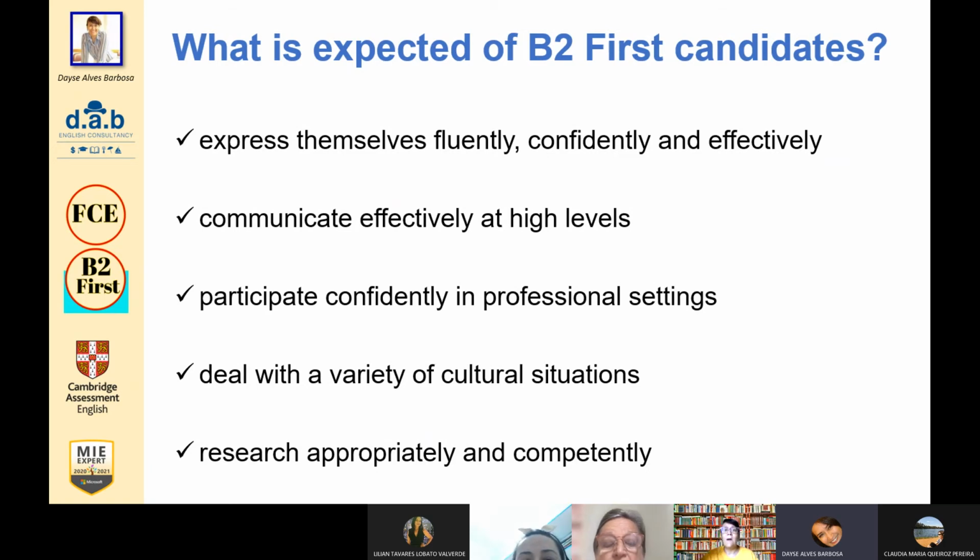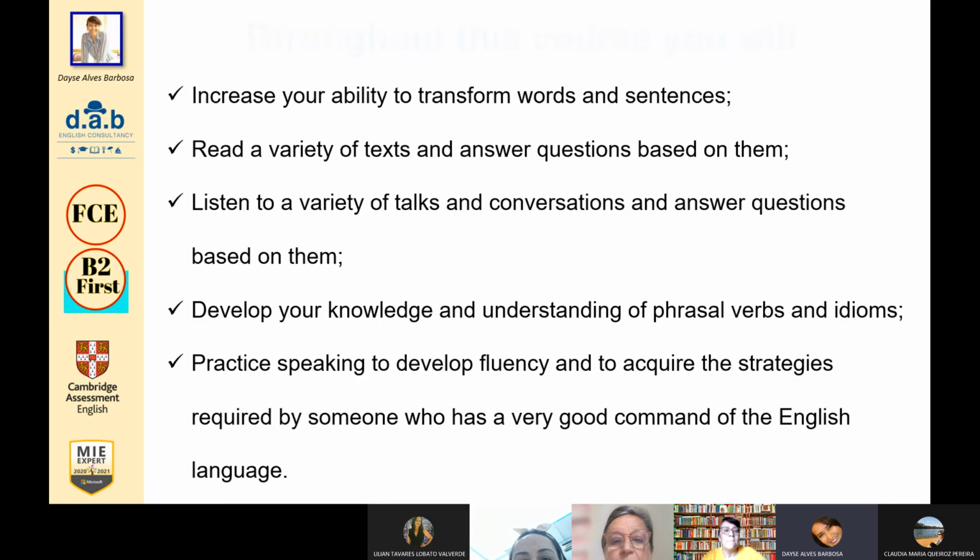The difference is the amount of language, the quantity of vocabulary, and the command of the grammar, and the difficulty of the way of writing and speaking. Although B2 and C1 are very similar, the more vocabulary, the more lexis the candidate has, the more this candidate will approach the CAE level, C1.